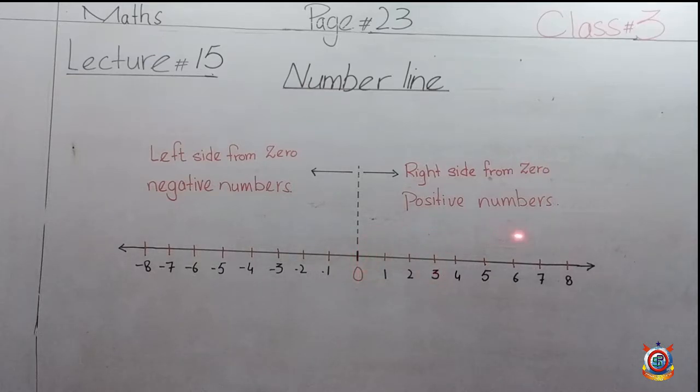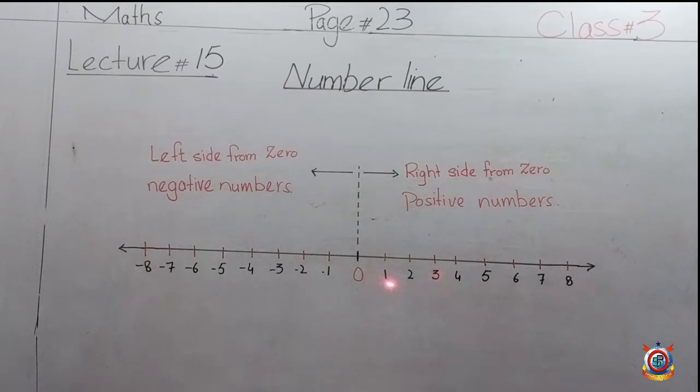Look at the right side of 0, there are positive numbers. Positive numbers mean the numbers with plus, like 1, 2, 3, 4, 5, 6, 7, 8. Plus is not important right here.